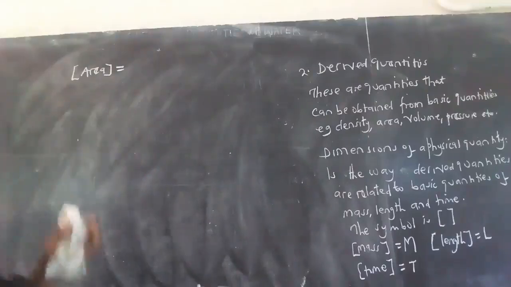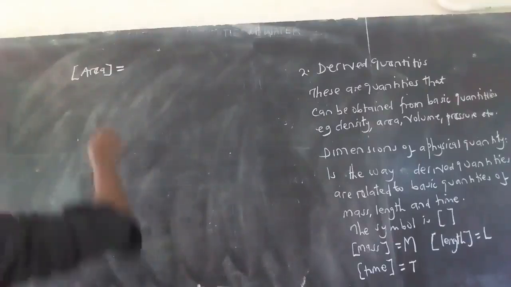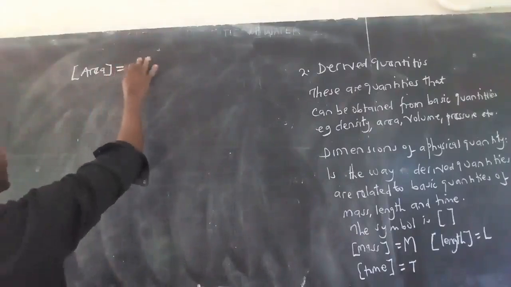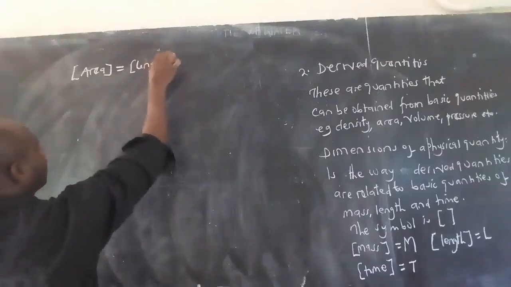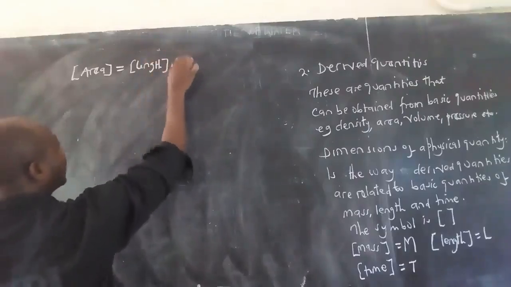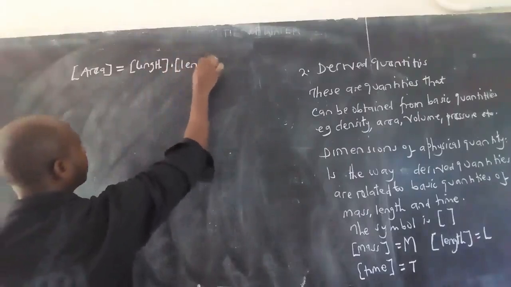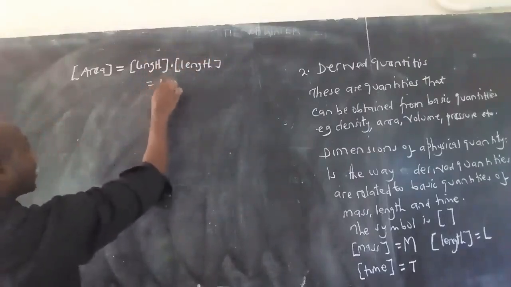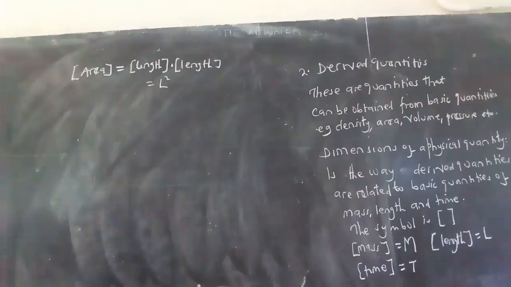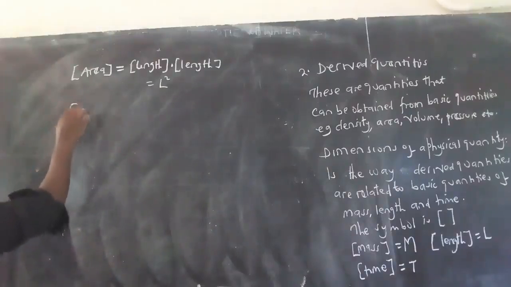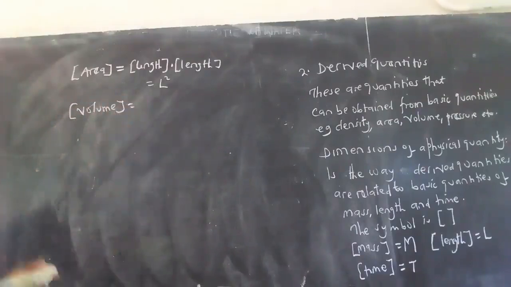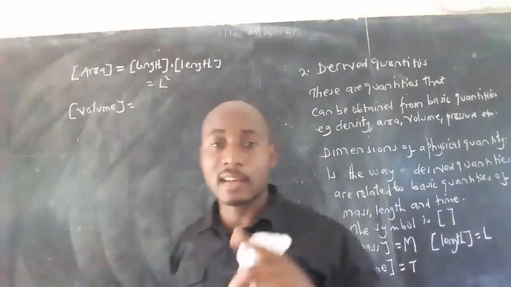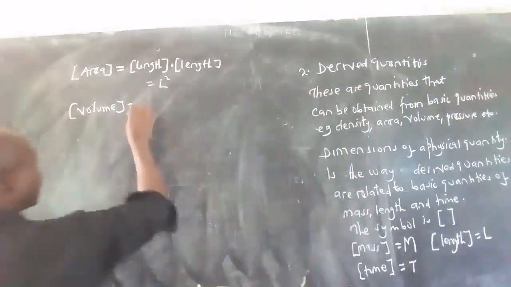So if this is length times length, that means dimension of length times dimension of length, which becomes L squared. Then dimension of volume. Volume of a cube is length times length times length. So that's L times L times L, that's L cubed.